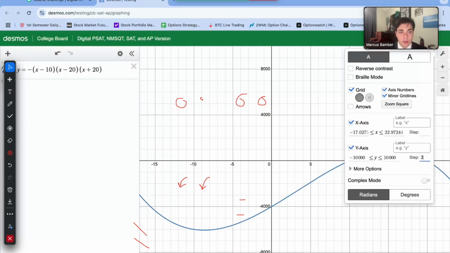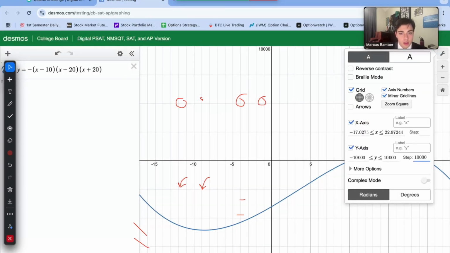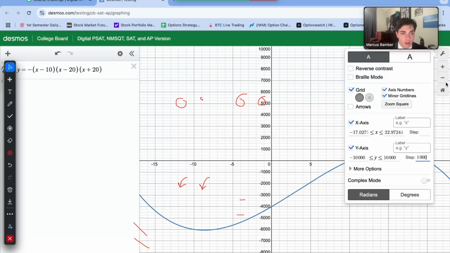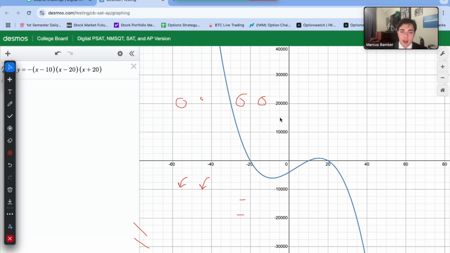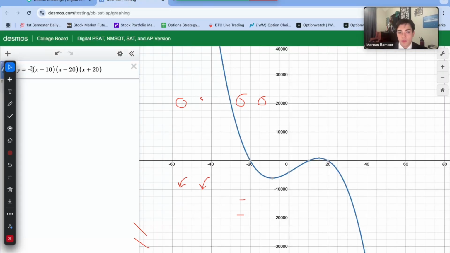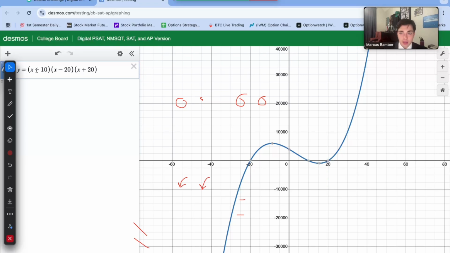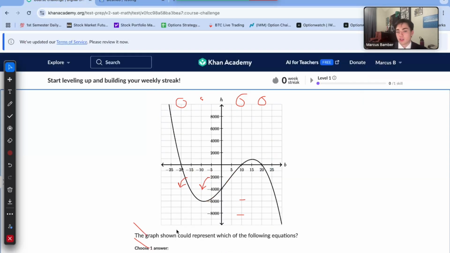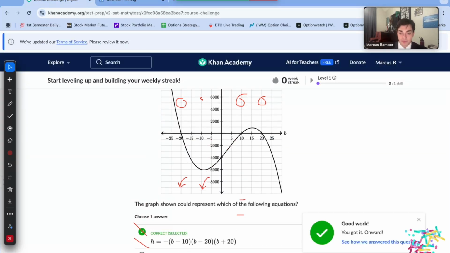So we're going to set our step as 1,000. And as we can see, we get a clear graph shape here. It seems to match. When we remove the negative sign, it switches, and that does not match. So our correct answer choice here is A.